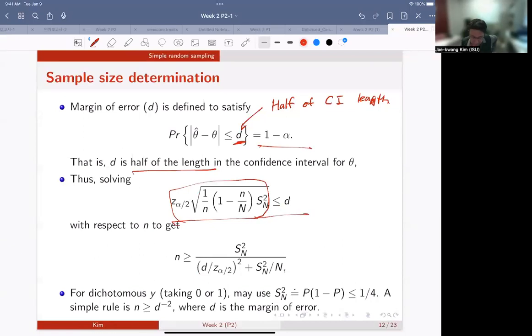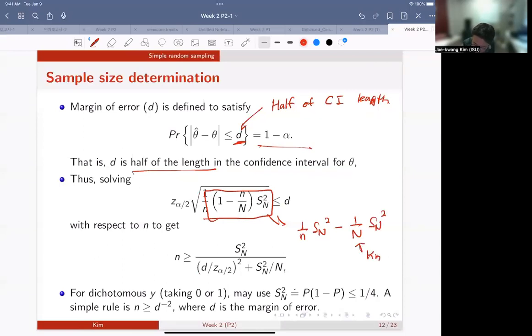So this is unknown, but you notice that this is not really difficult, because if you look at this carefully, you have 1 over n S squared minus 1 over capital N S squared. So this is known, right? This is unknown. This is a population parameter.